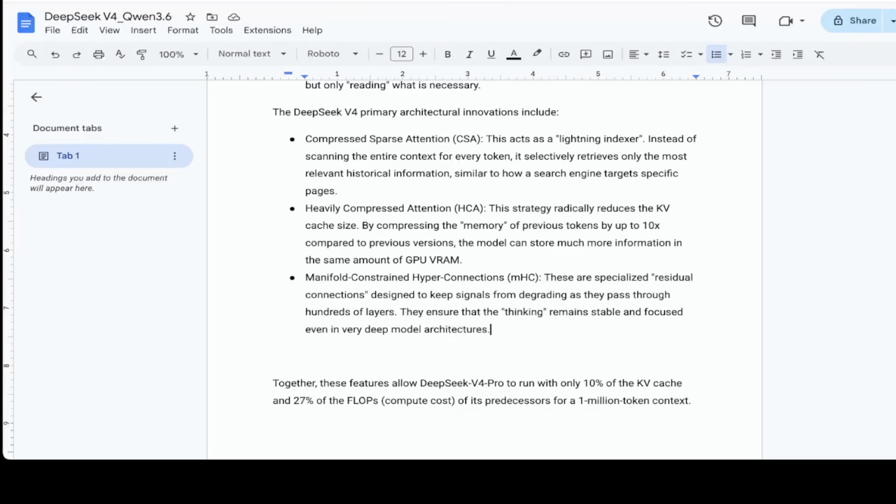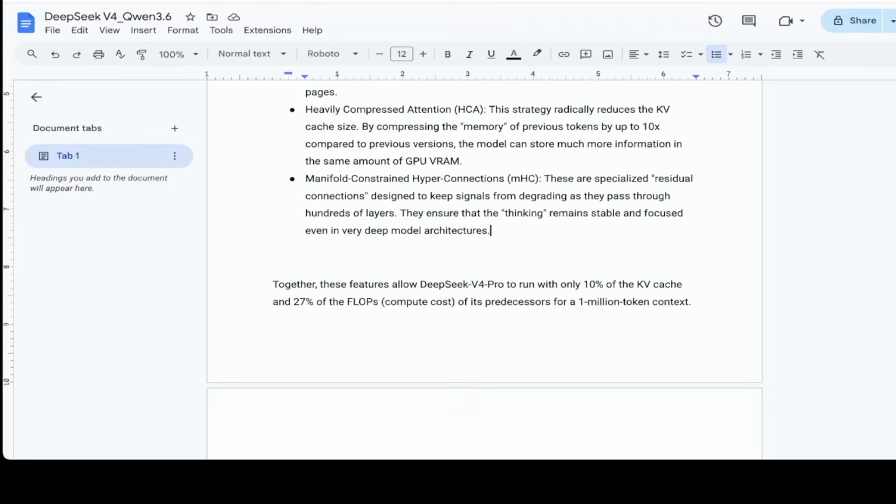As we mentioned earlier, they ensure the thinking remains stable and focused even in a very deep model architecture. This is the reason why DeepSeek V4 only takes 10% of the KV cache and 20% of the FLOPs, the computing cost of its predecessors, for 1 million token context.